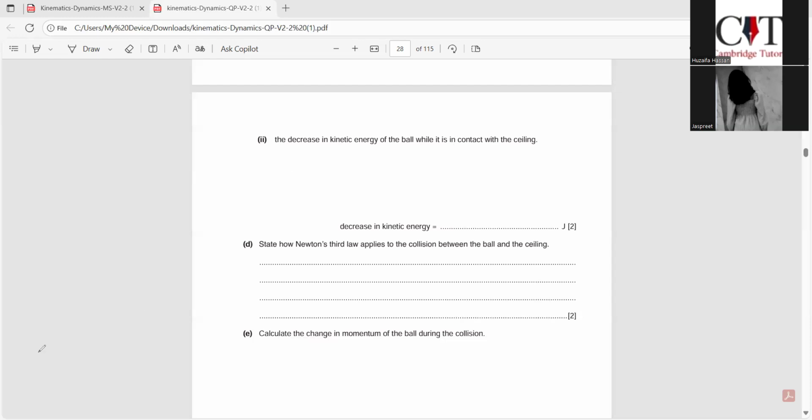Now read part D. State how Newton's third law applies to the collision between the ball and the ceiling. So can you type the answer on the screen? Think and write the answer, because I just wrote the answer of this part in the previous question.